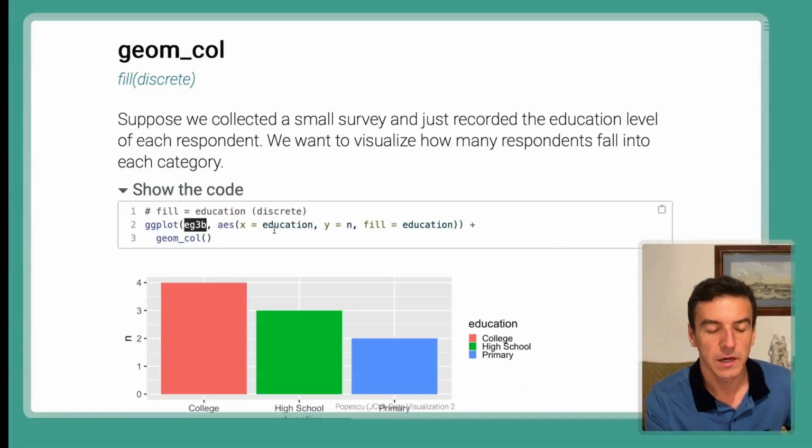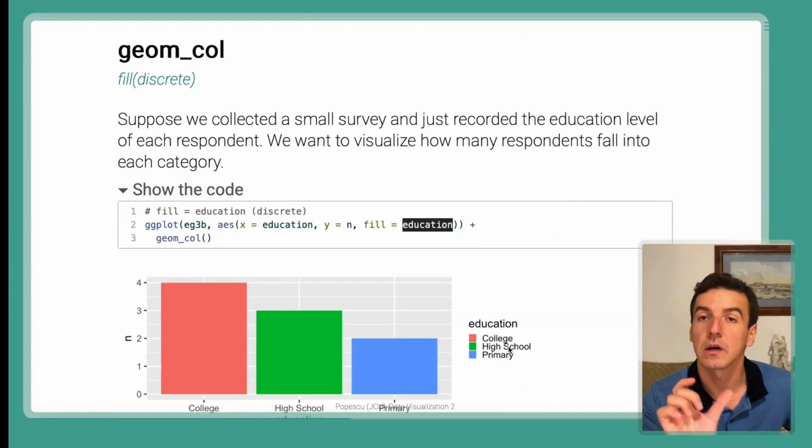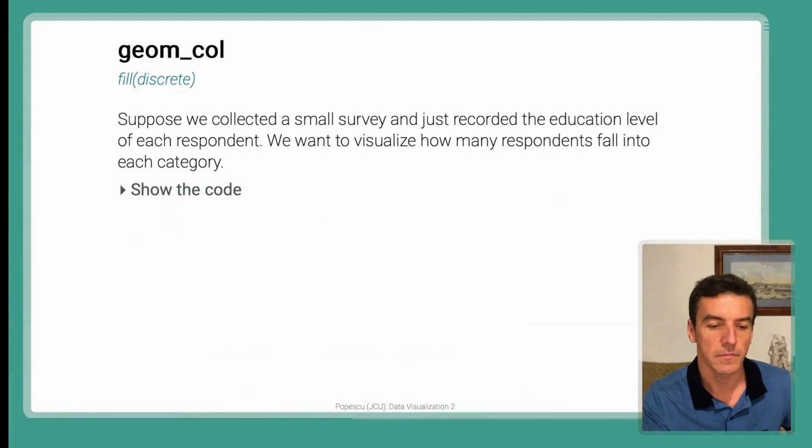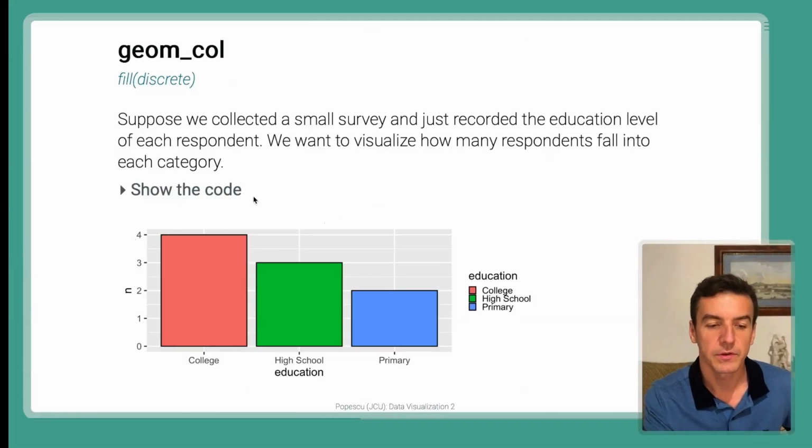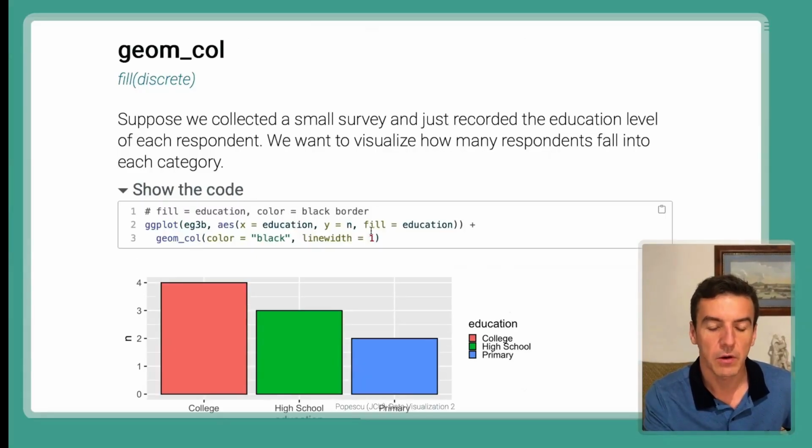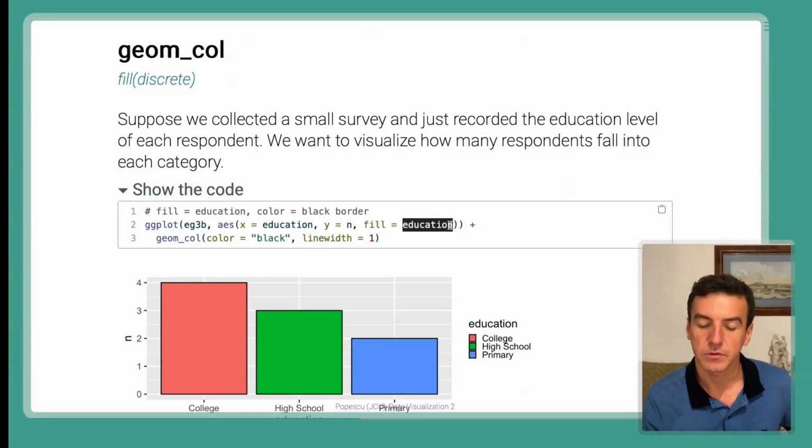So let us look how we produce that. So we have the data frame, we have the X, we have the Y, and we have the fill, right? So remember that we have these three educational categories. This is what allows us to color our bars using different colors. Okay, this is how we fill our discrete variables, but we also use contour.